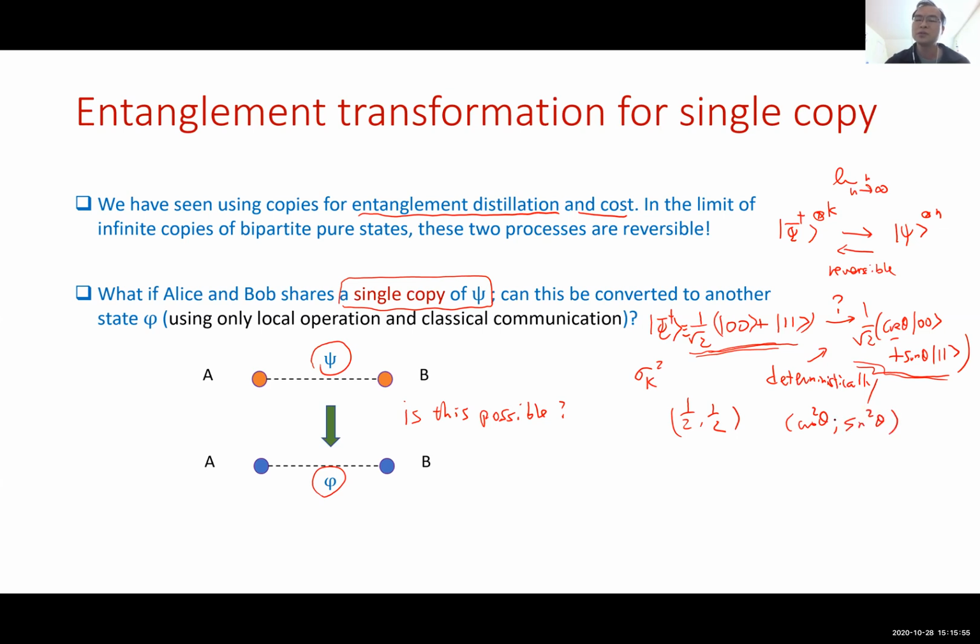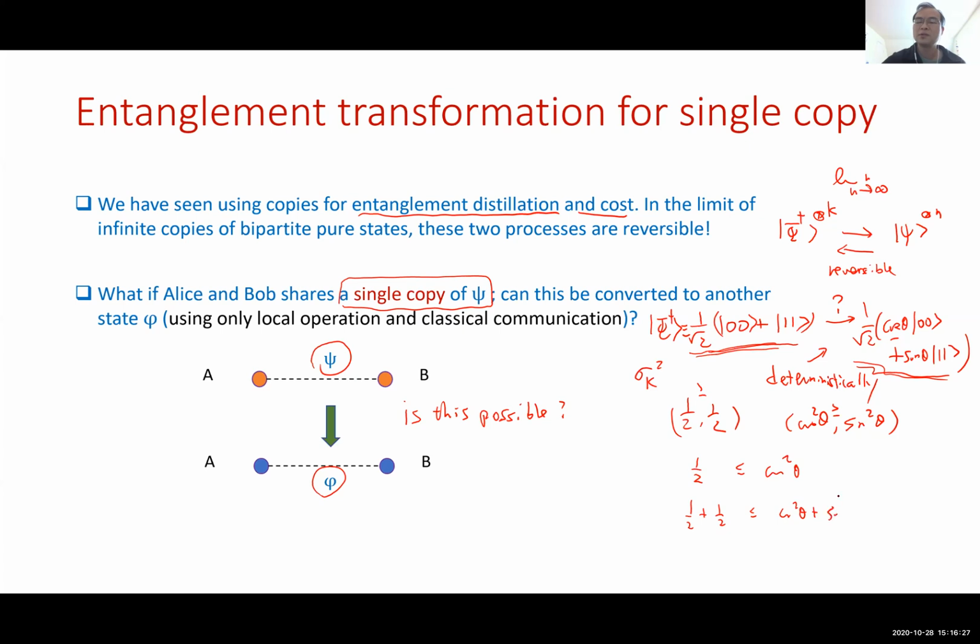I want to assume that cosine squared is bigger than sine squared. If not, I would just change it the other way around. So majorization says, if I take the largest one and compare with the largest one from the right-hand side, this holds, and I also want to take the largest one and add the lower one.